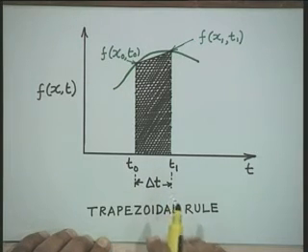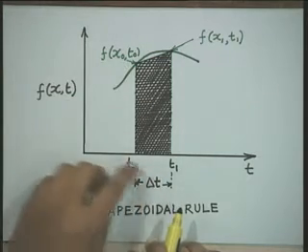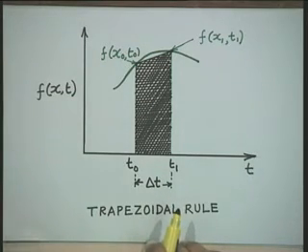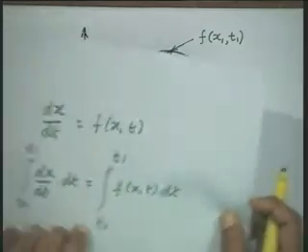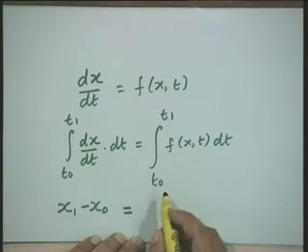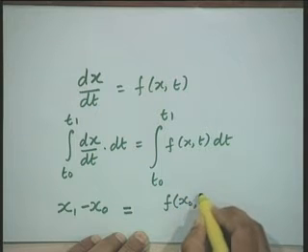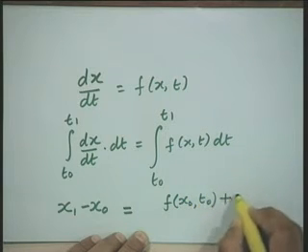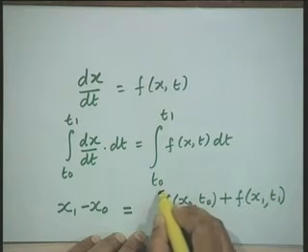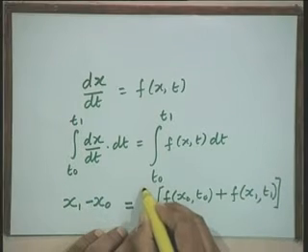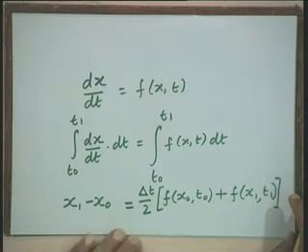That is, you can approximate the area under this curve from t naught to t1, the small time step delta t, as f of x naught, t naught plus f of x1, t1, multiplied by delta t by 2. Is it not?